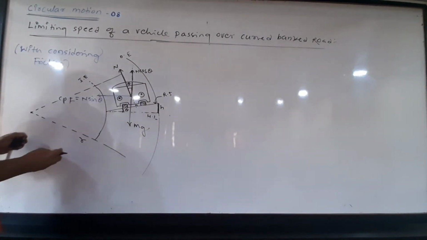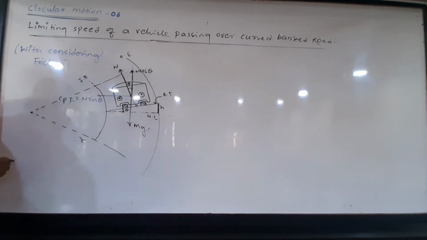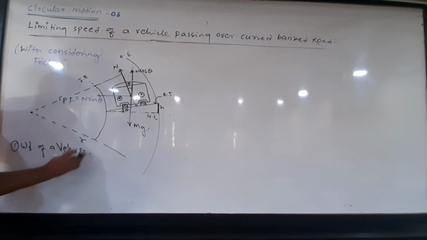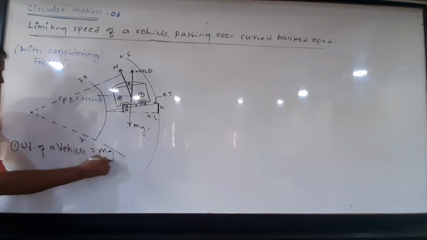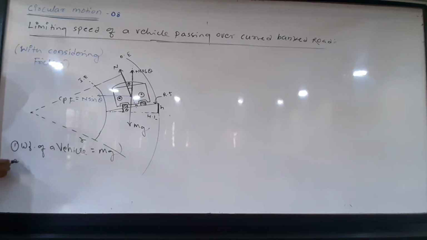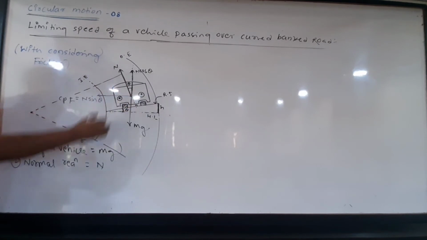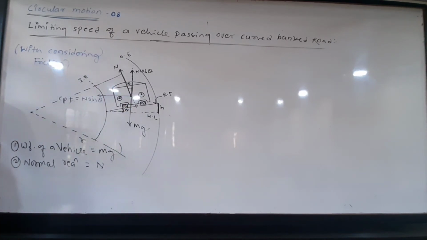Both these forces, N sin theta and frictional force, provide the necessary centripetal force. So see here, how many forces are acting? Number one, the first force is the weight of the vehicle, equal to mg. Second force, normal reaction, equal to N, perpendicular to the road surface, because the road is banked.